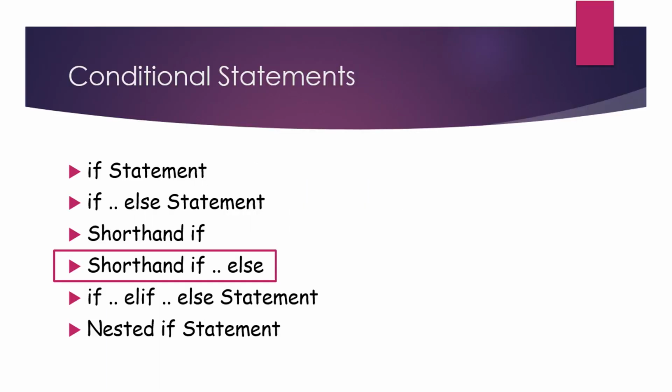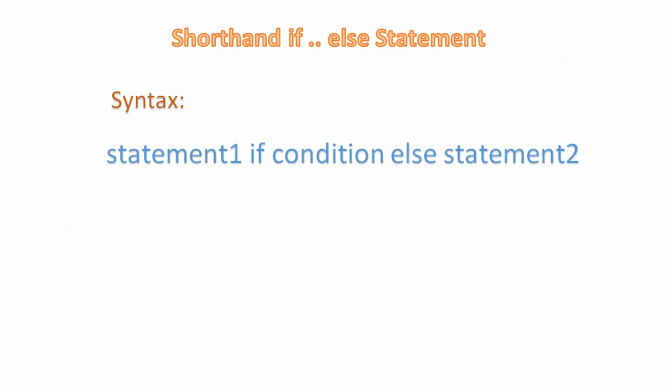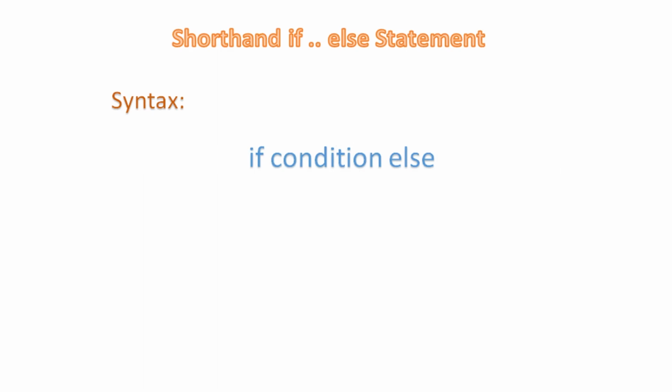Shorthand if else statement. This can be used to write the if else statement in a single line, where there is only one statement to be executed in both the if and else block. To understand better, the syntax starts with the keyword if and then the condition followed by the else keyword.